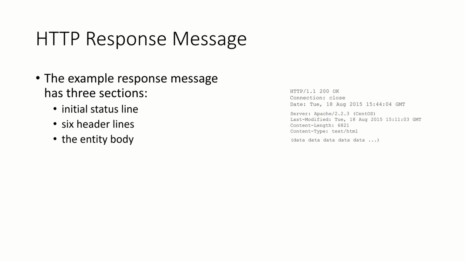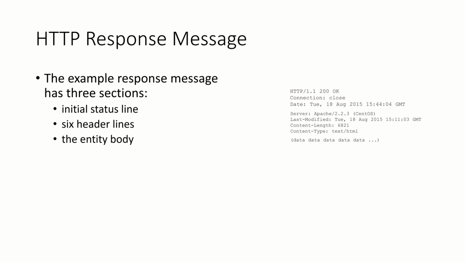The entity body is the meat of the message. It contains the requested object itself. The status line has three fields: the protocol version field, a status code, and a corresponding status message. In this example, the status line indicates that the service is using HTTP 1.1 and that everything is okay.